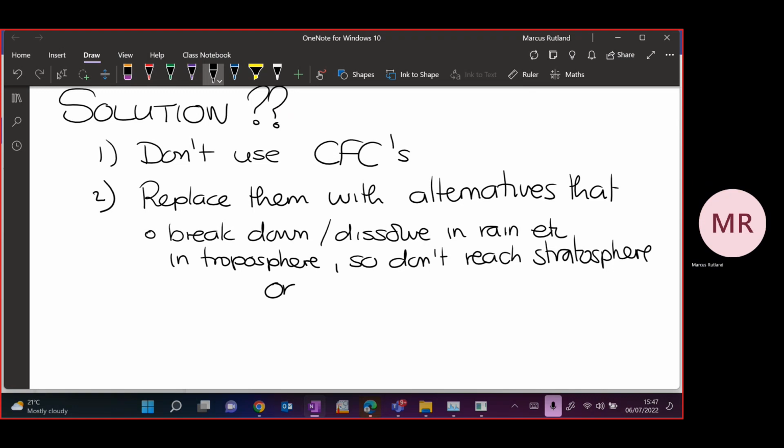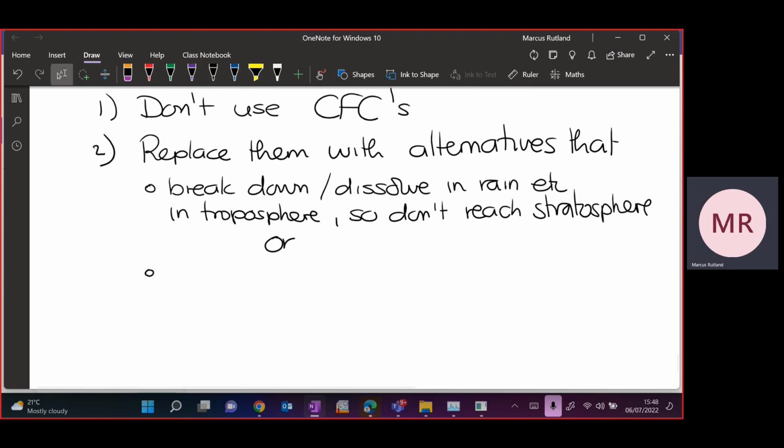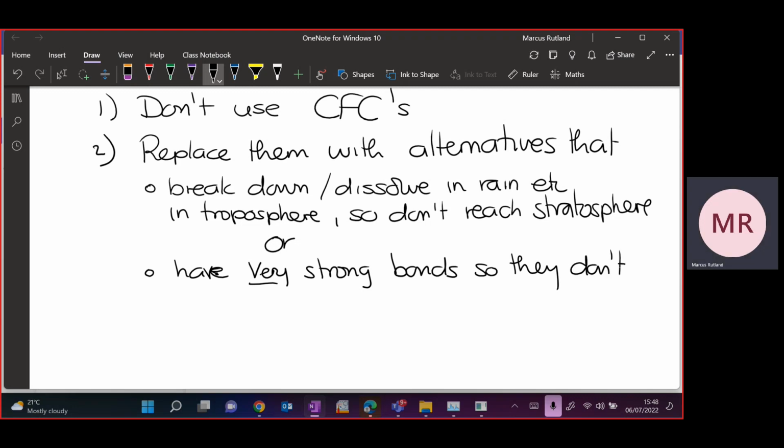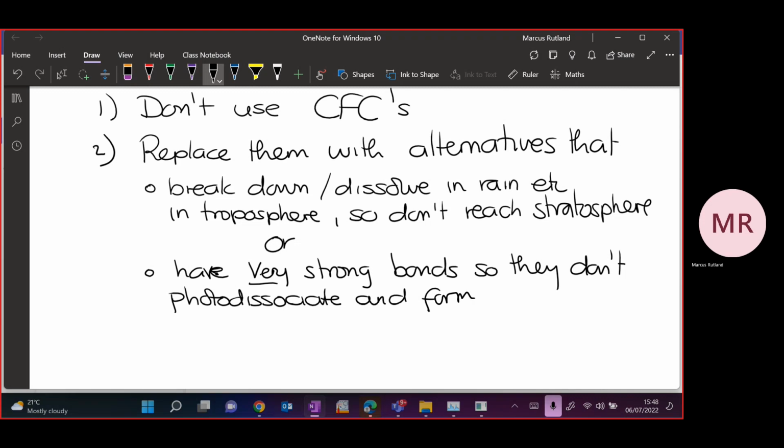Or they have very strong bonds, so they don't photodissociate and form radicals, even if they do reach the stratosphere.